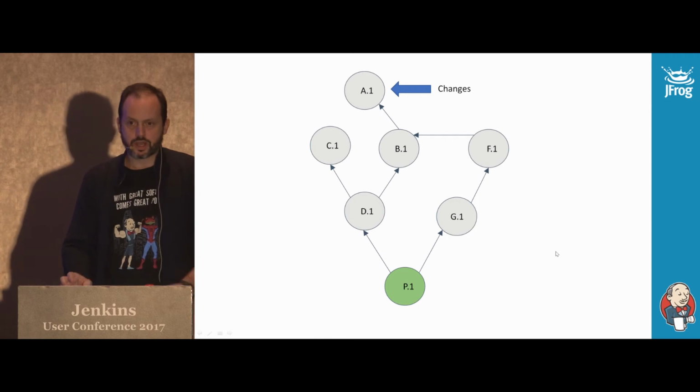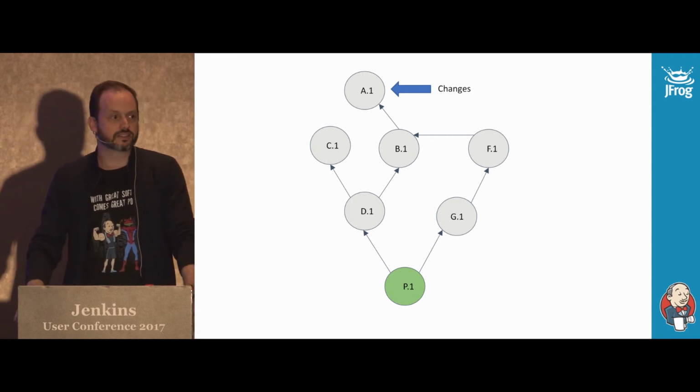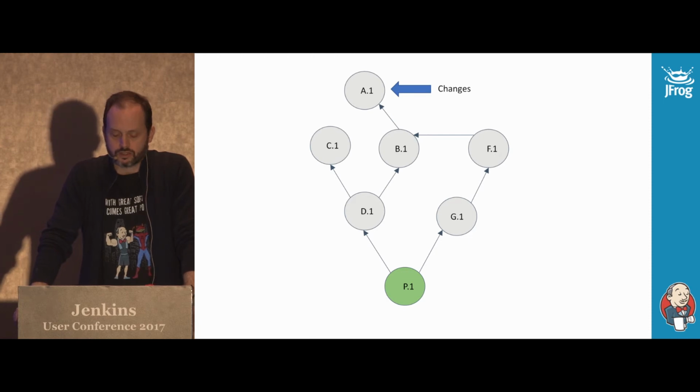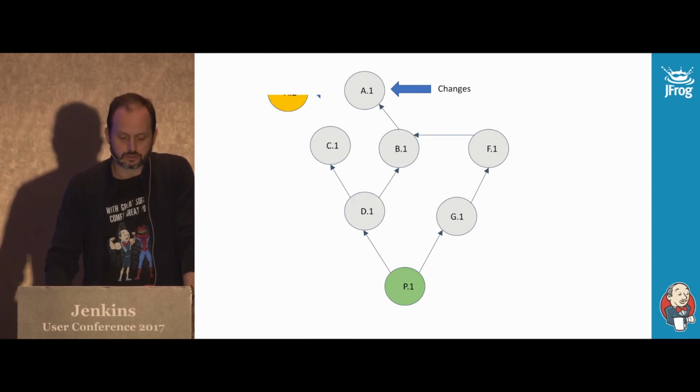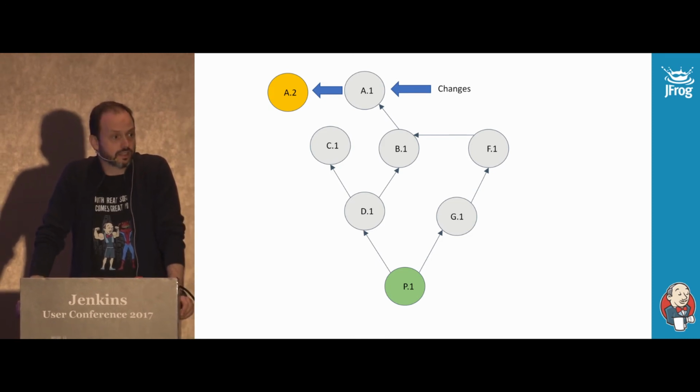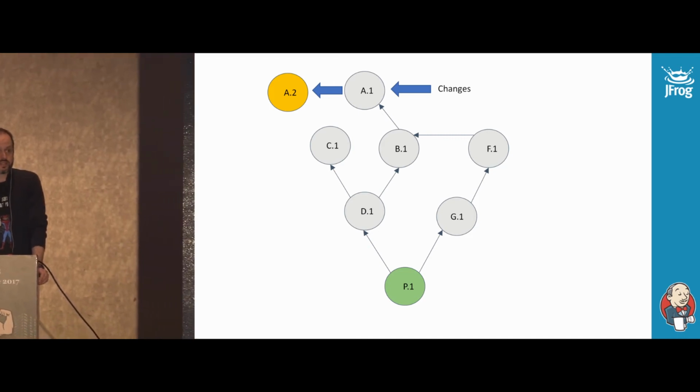Now we have a more interesting example. What happens if those changes are done to a package that is the A package, the library A version 1? If I'm doing that, I could, for example, bump the version and create the A2 package. That will be fine. The rest of the dependency graph won't be affected.